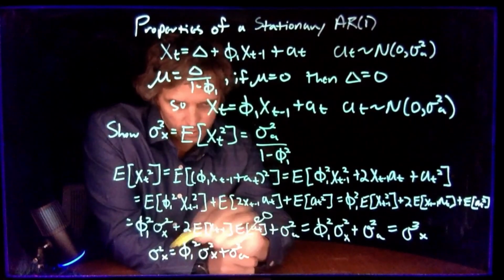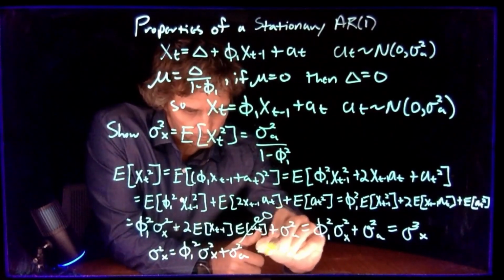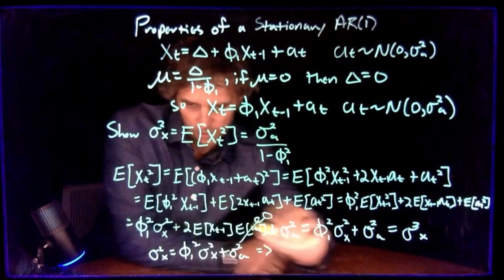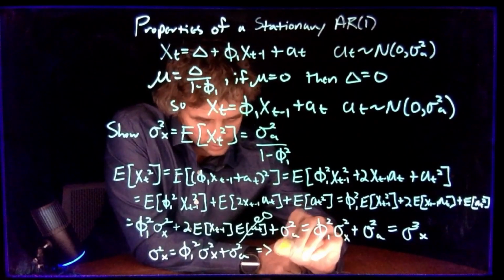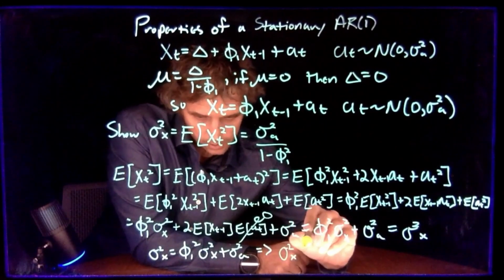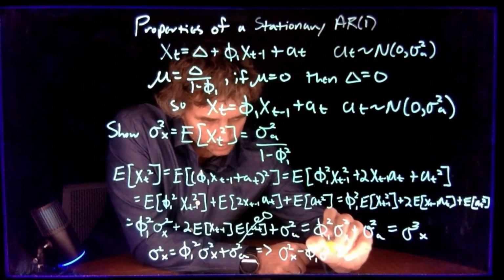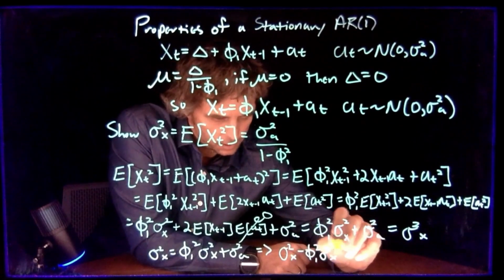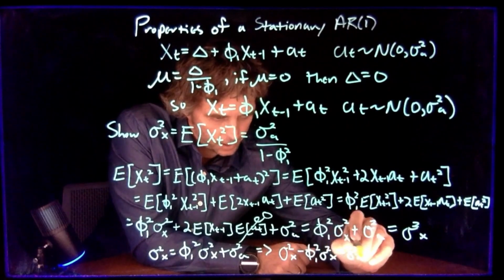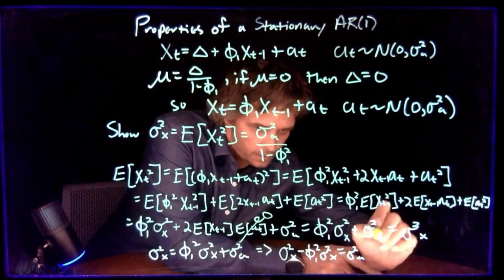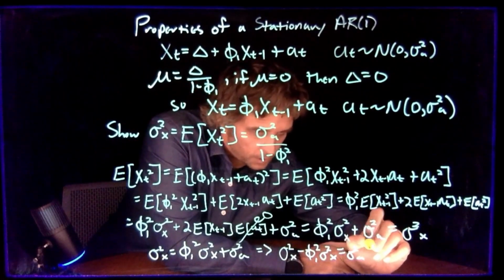And then I'll put all of the sigma squared x's on one side. So that's sigma squared x minus phi1 squared sigma squared x equals sigma squared a. And of course, we've got two more steps here.